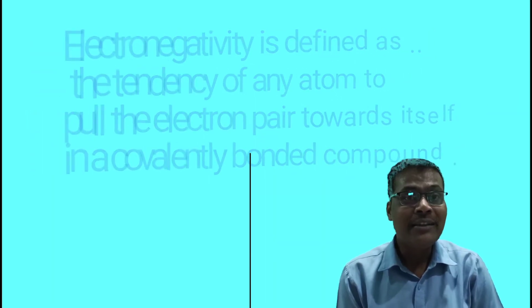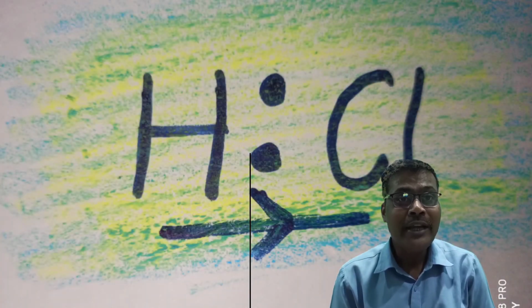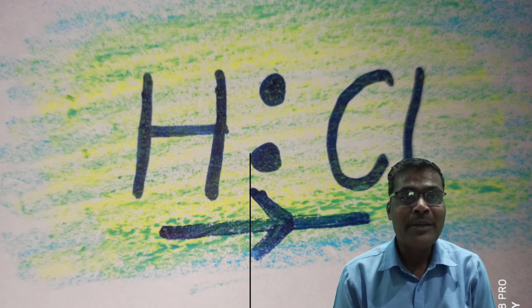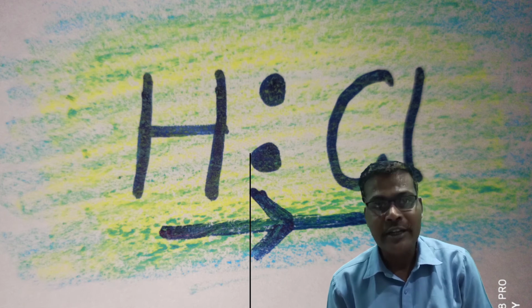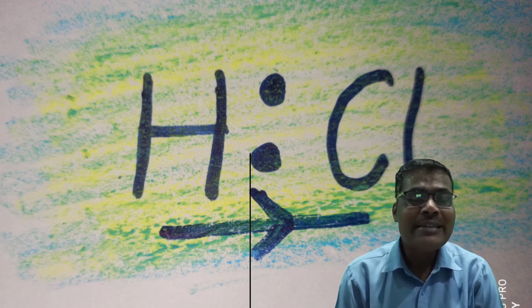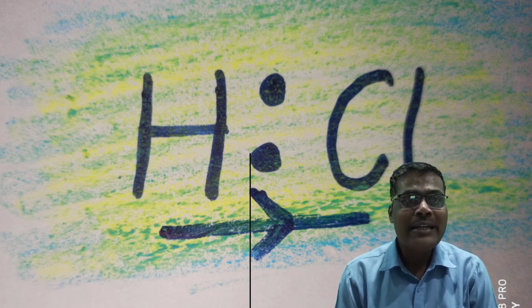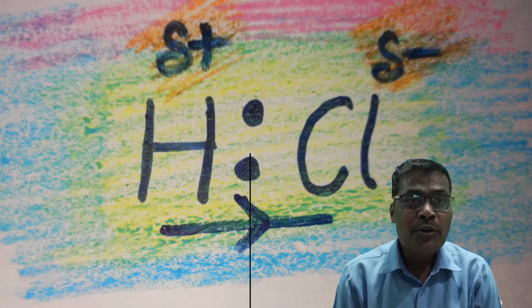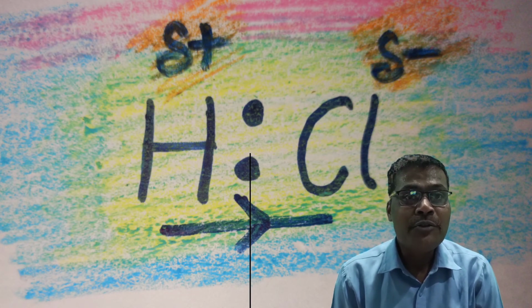When an atom is more electronegative than the other one, it is pulling that bonded pair of electrons towards itself, and that is known as electronegativity. Electronegativity is the tendency of the atom in a compound to pull the electron pair towards itself.